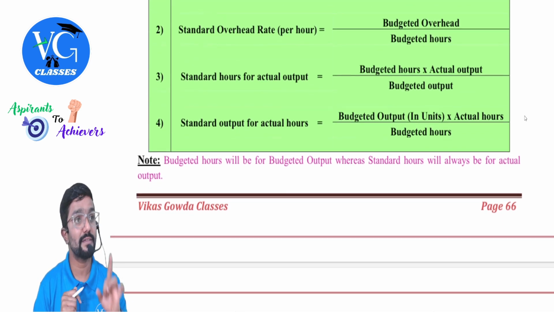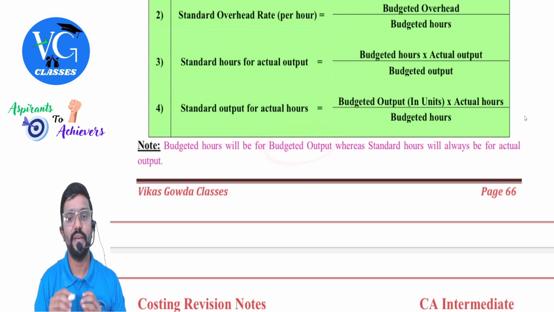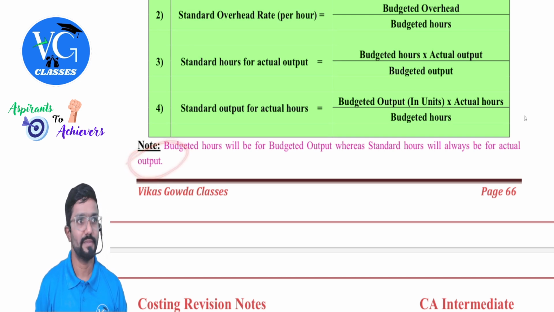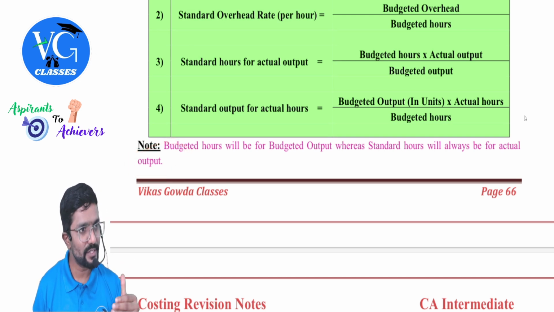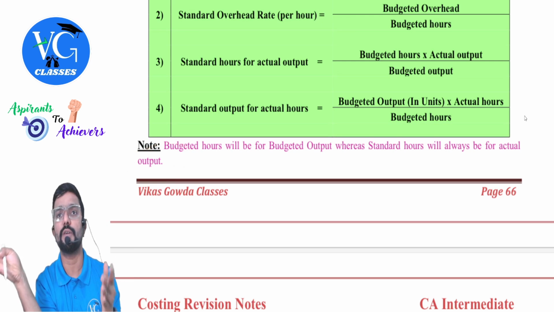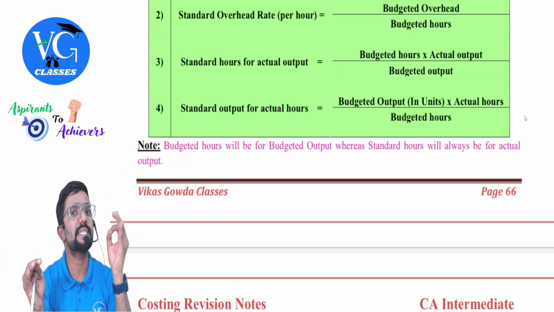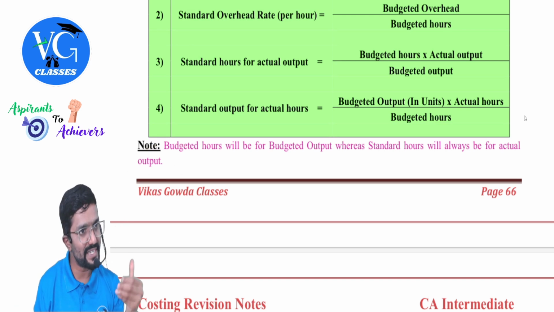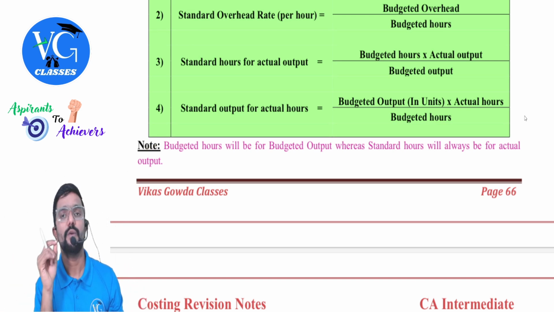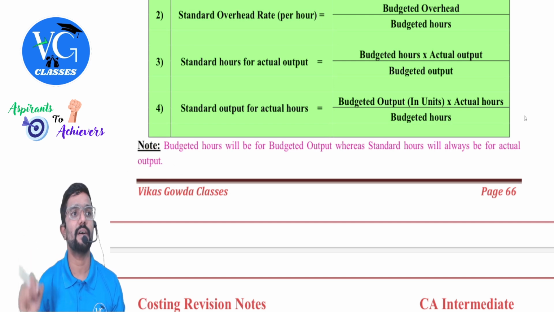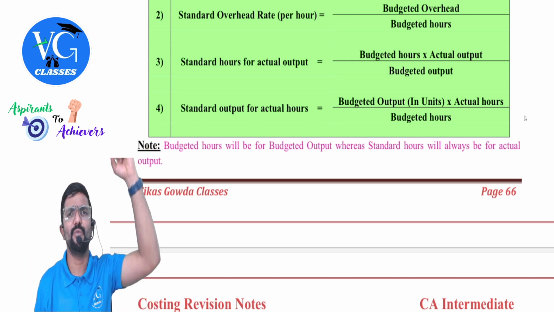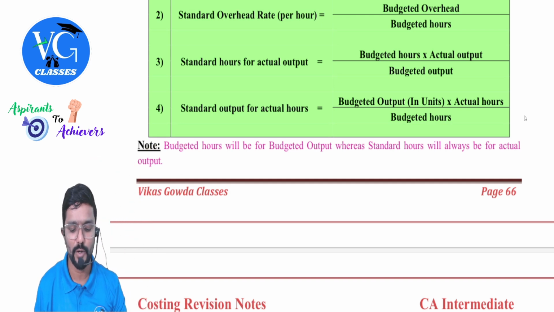Budgeted hours will be for budgeted output, whereas standard hours will always be for actual output. Clear? So budgeted hours only, we will convert it for actual output. What do we call those hours? Standard hours. When I convert my budgeted hours for actual output, we get standard hours for actual output, like how we did for labor calculation.